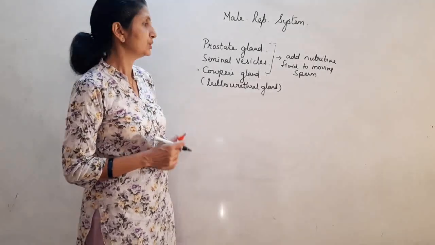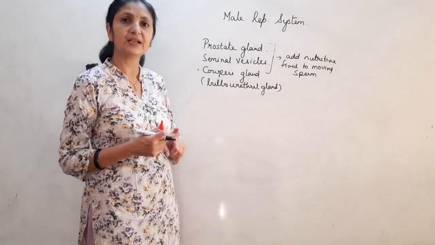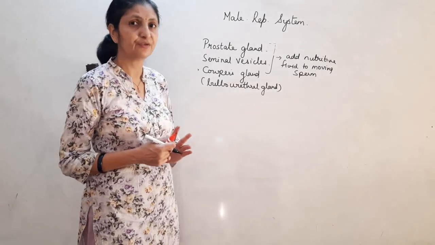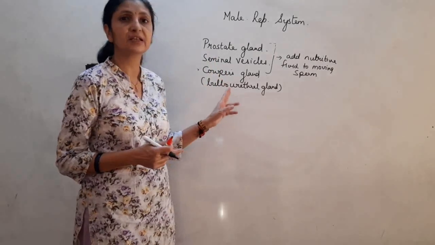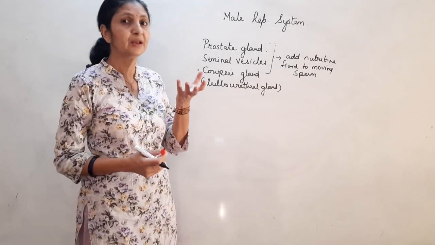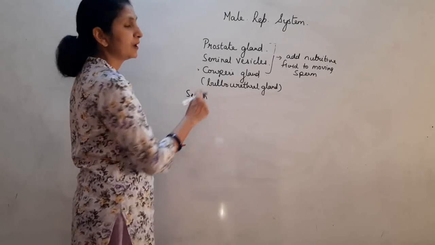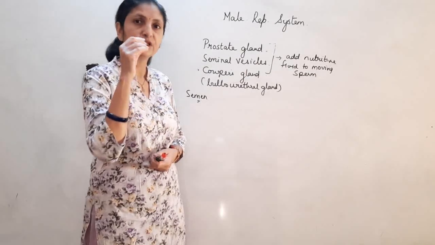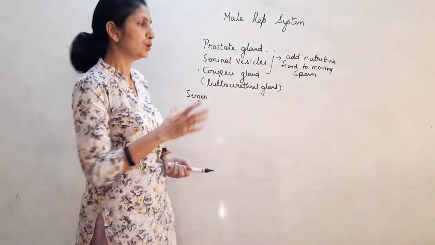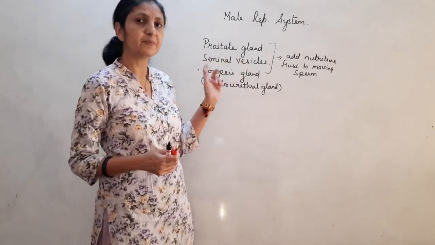Okay. So these are the structures of the male reproductive system. What should you focus on? The role of the testis, why it is located in the scrotum, what is the function of the vas deferens, what is the function of all these 3 glands, providing nutritive fluid. Now the sperm lies in a fluid called semen, a whitish colored liquid which contains the sperm and nourishment for the sperm. Okay. So these are their roles, and this is the male reproductive system.